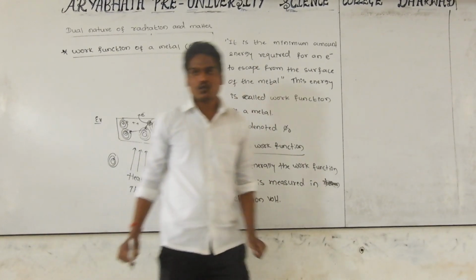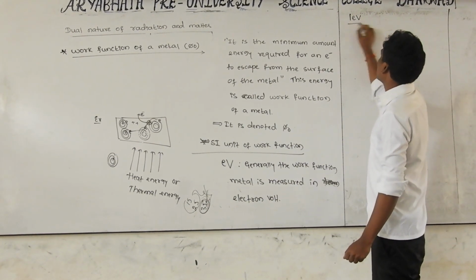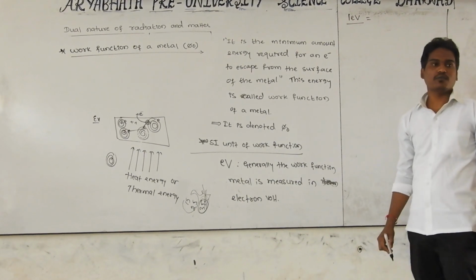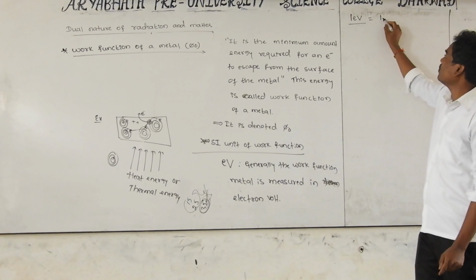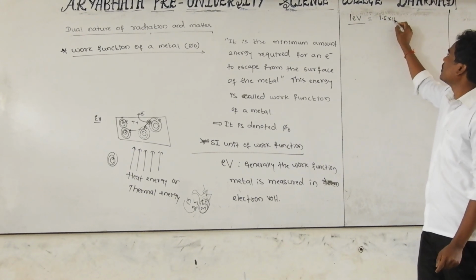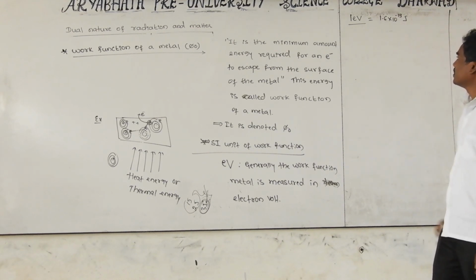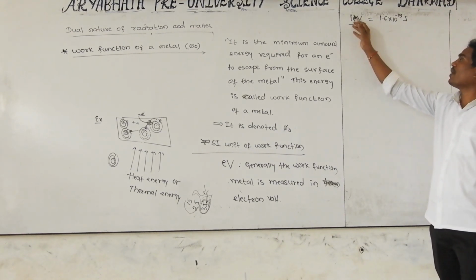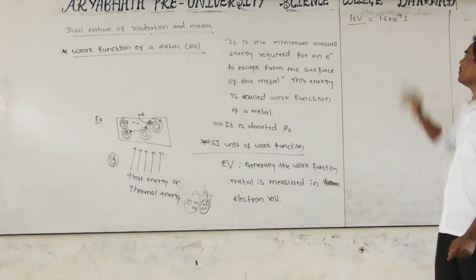What is 1 electron volt equal to? 1 electron volt is equal to 1.6 into 10 to the power of minus 19 joule. This is the conversion of electron volt to joule, from one unit to another unit.